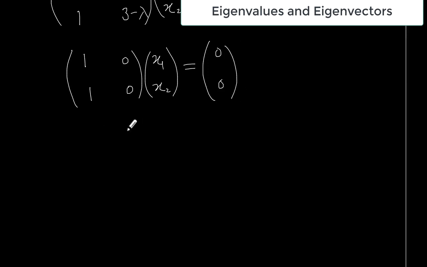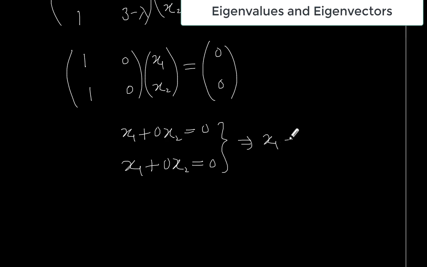So just do the multiplication, and you will have just this system of linear equations. You can see here that x2 is not present in the system, so it means your x2 is arbitrary.